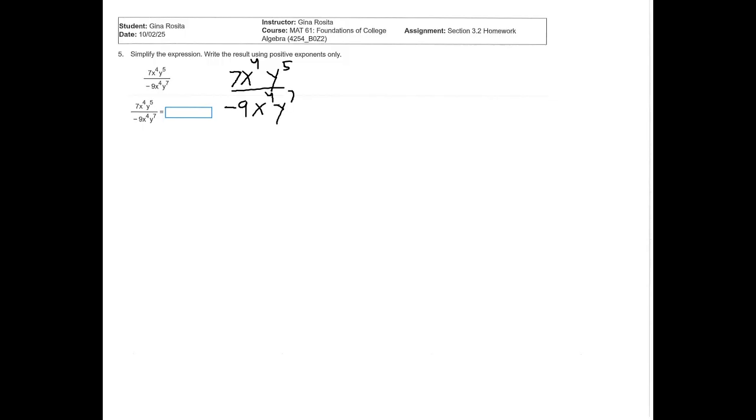So 7 over negative 9 times x to the 4 over x to the 4 times y to the 5th over y to the 7. You can cancel the x terms because this becomes 1.